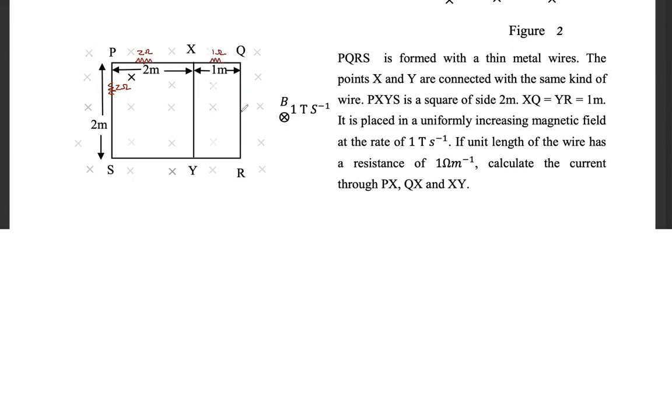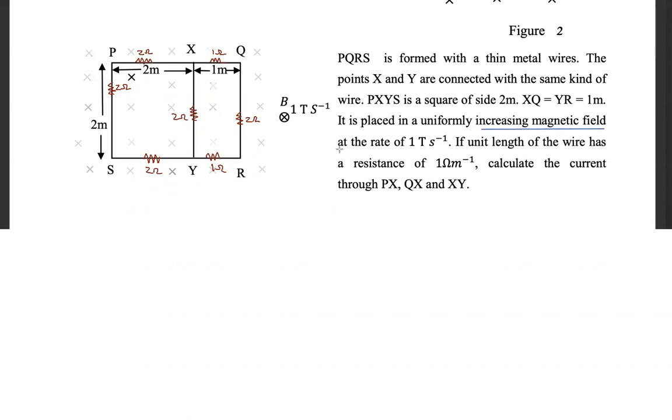This wire has a resistance of 1 ohm. This one has 2 ohm, and this one has 1 ohm. This one has 2 ohm, and this one also has 2 ohm. So we have to consider everything. It's better if you draw a new diagram with all these values, and this is important.